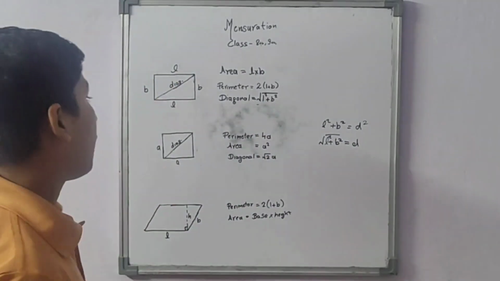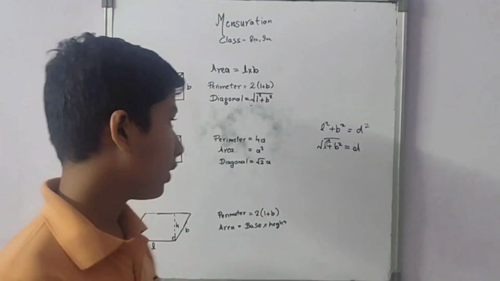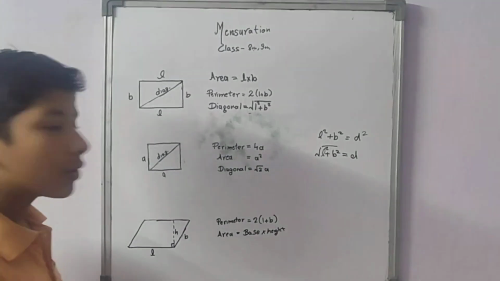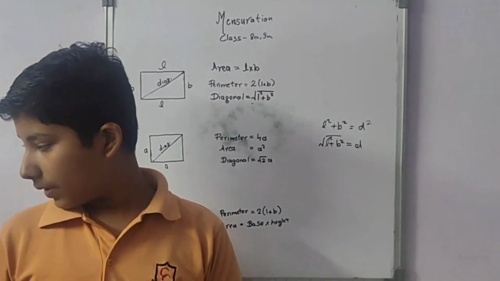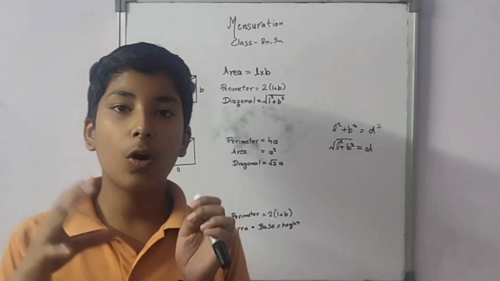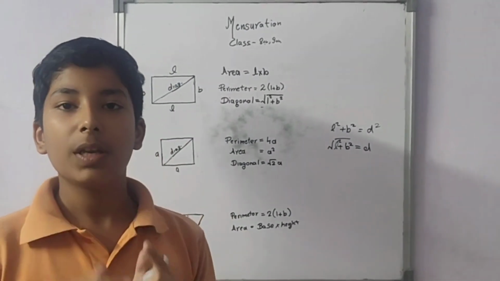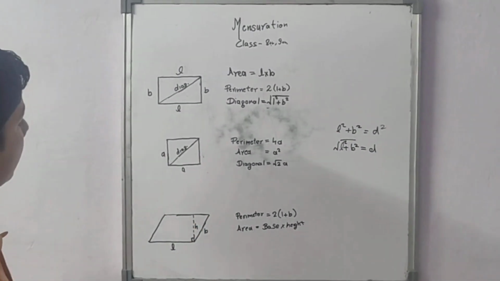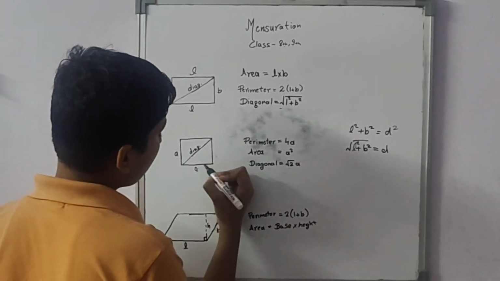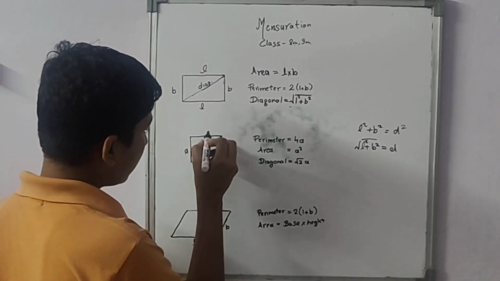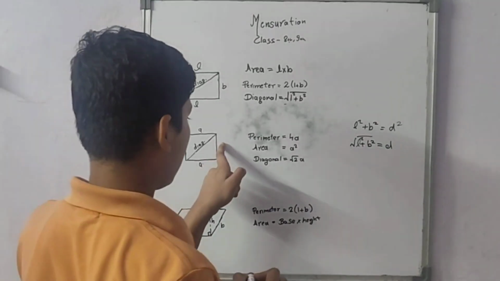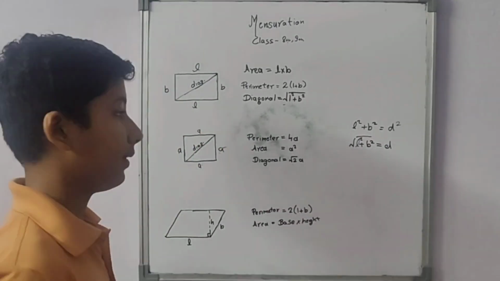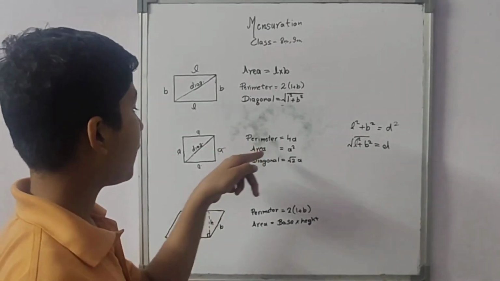This is a rectangle. Now next figure is square. So what is a square? It is basically a figure which is having all the sides equal, forming 90 degrees. So see, this is also A, this is also A, this also A, and this will also be A. So what will be perimeter?